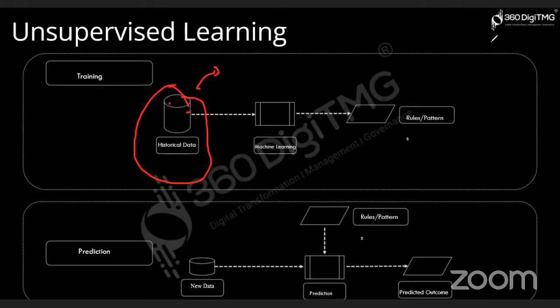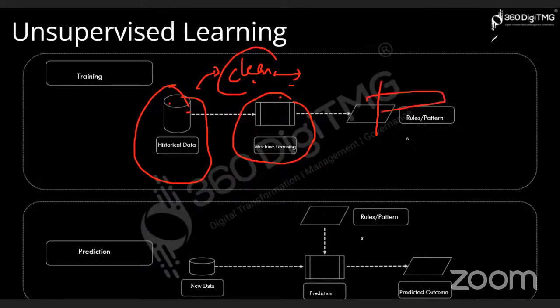we have to clean that data, and then we supply it to the model, and we form rules or patterns. Patterns are rules. See, data itself has some patterns. That could be data having the labels or data without labels, it will be having some patterns.